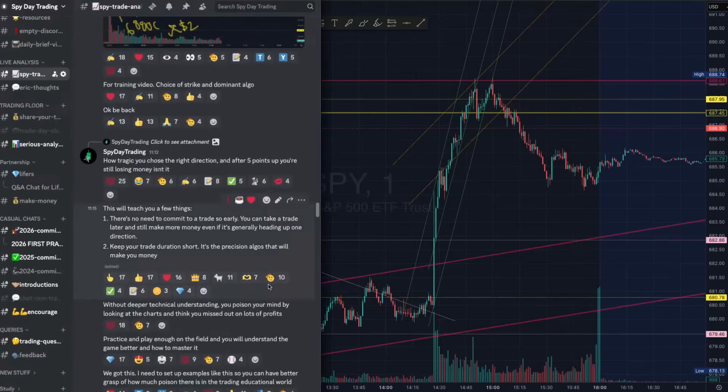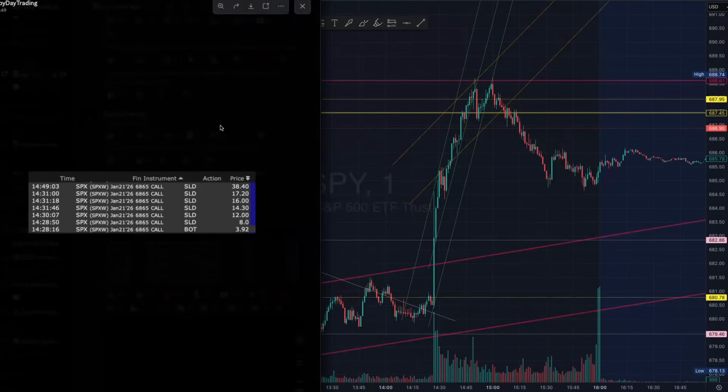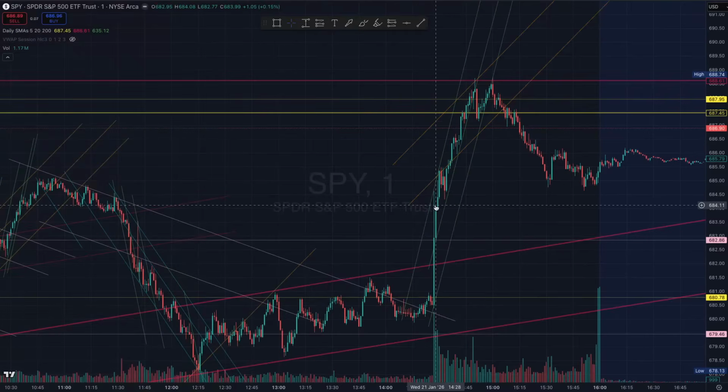So take a look at my 10x trade right here from 390 to 38, and all because I caught it late, right? See, 428, 228, which is much later here. 228, a lot later. I caught it at this candle, a little later at this candle.